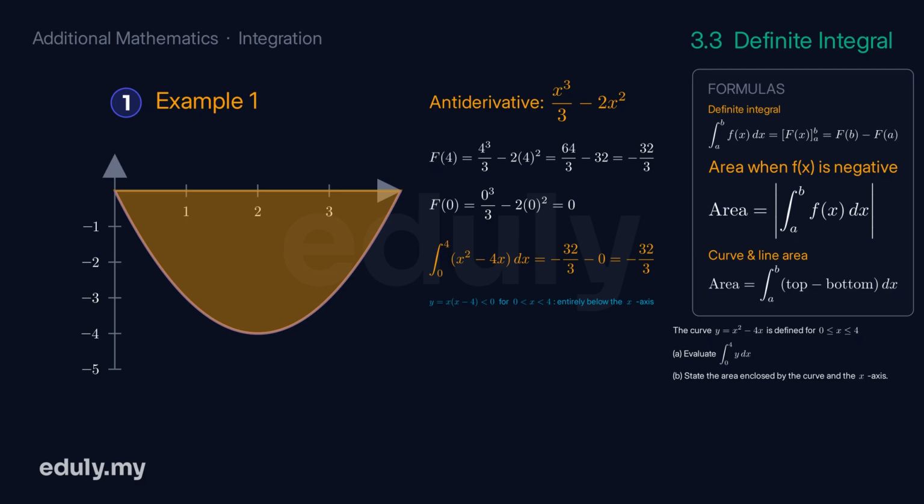Check the sign. y equals x times (x minus 4), which is negative for every x between 0 and 4, so the curve sits entirely below the x-axis, exactly why the integral came out negative. Area can never be negative, so the enclosed area is the magnitude of that value, 32 over 3 square units.